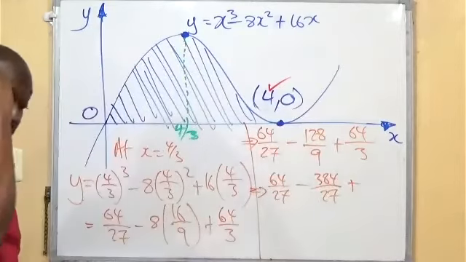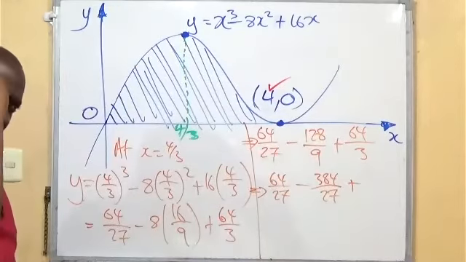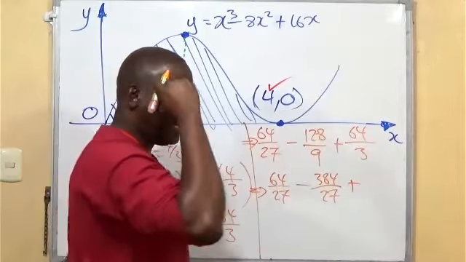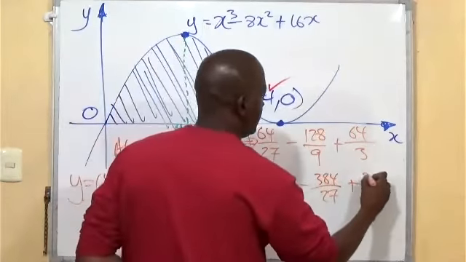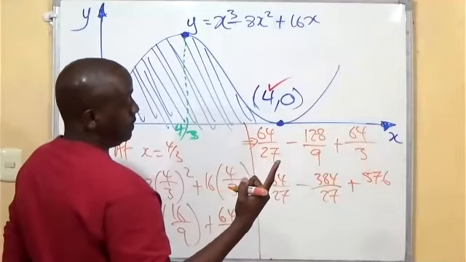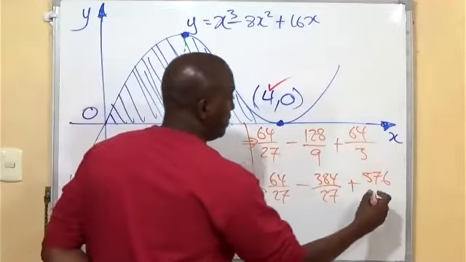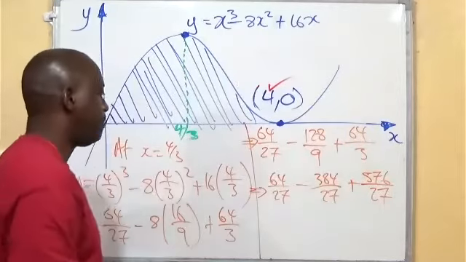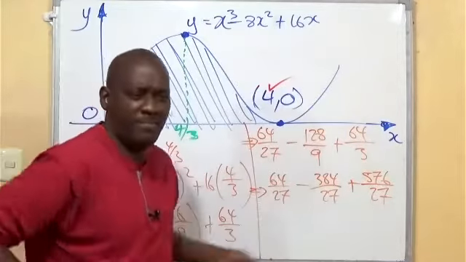Jeez. 64 by 9 is how much? 576. 576? Yes, 576. So 576 over 27. Right? Bim, bam, bam.